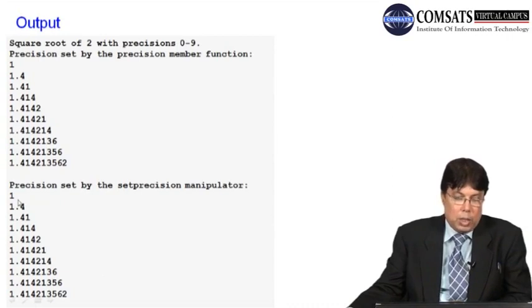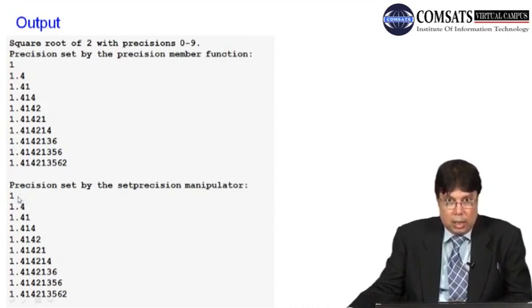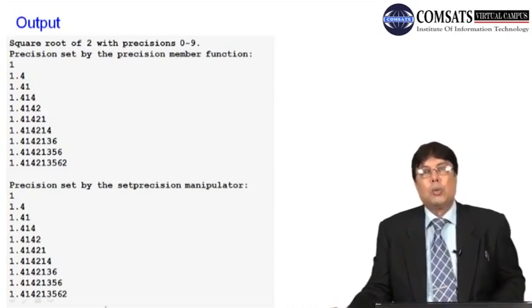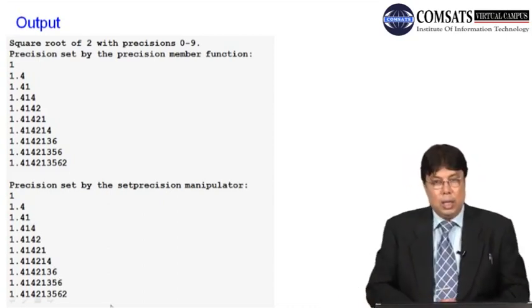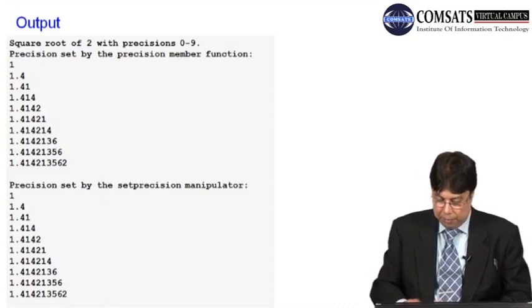Once again we start from 0, so no decimal places, meaning you don't want to show any part of the fraction. Then you keep adding 1, 2, 3, 4, 5, 6, 7, 8 and 9. So both the functions are doing the same thing.